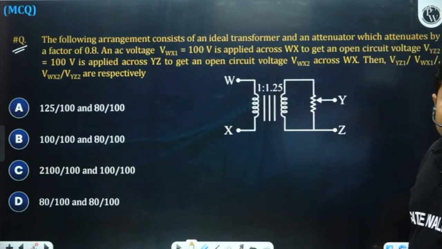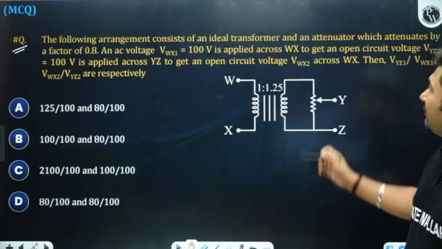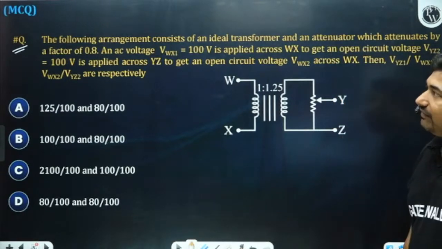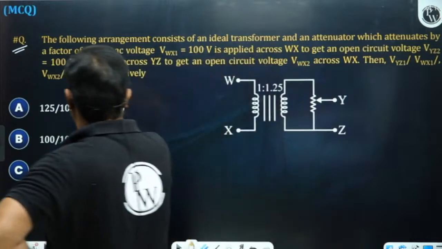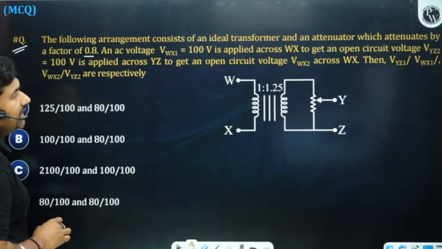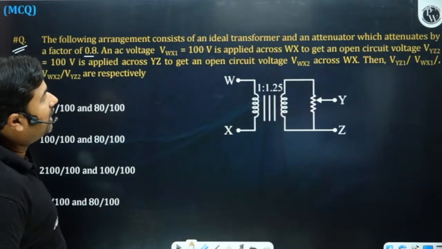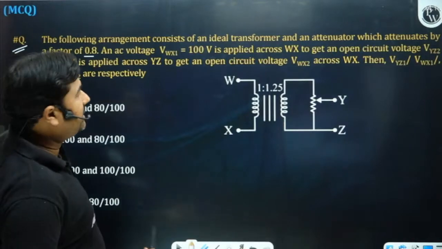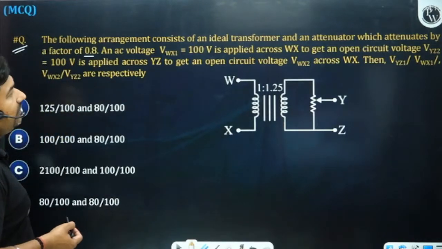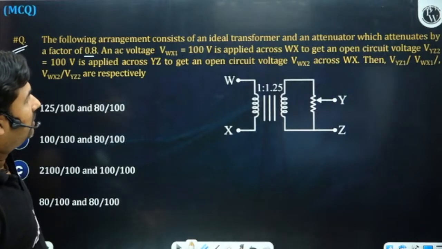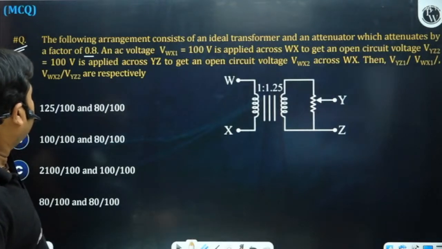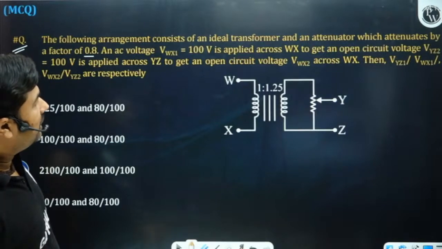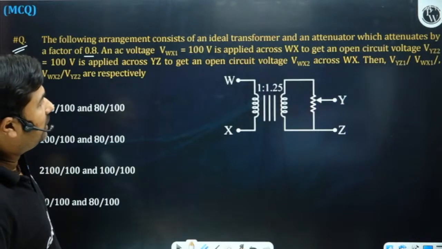The following arrangement consists of an ideal transformer with an attenuator which attenuates by a factor of 0.8. An AC voltage VWX1 of 100 volt is applied across WX to get an open circuit voltage VYZ2. VYZ2 equals to 100 volt is applied across YZ to get an open circuit voltage VWX2 across WX.